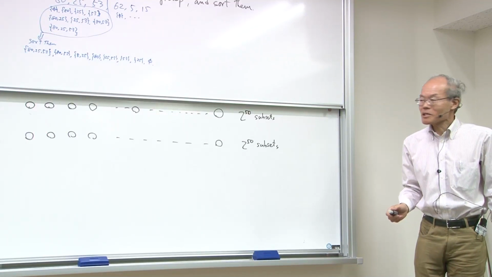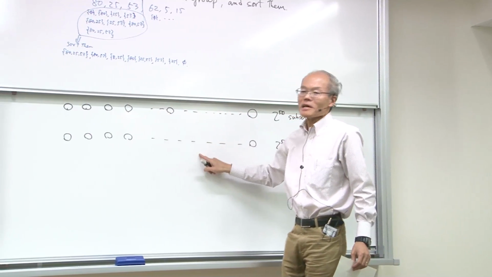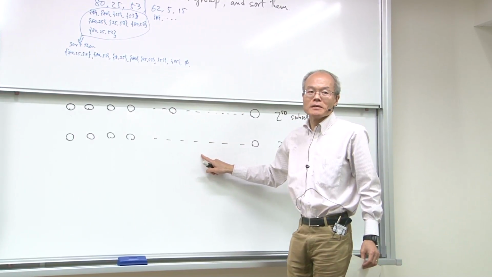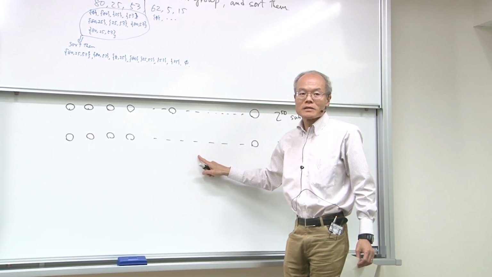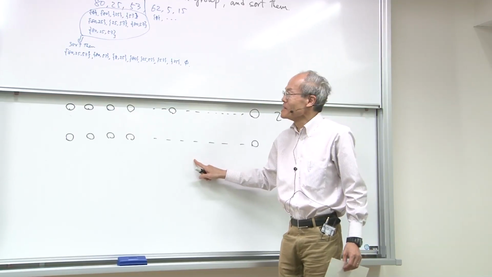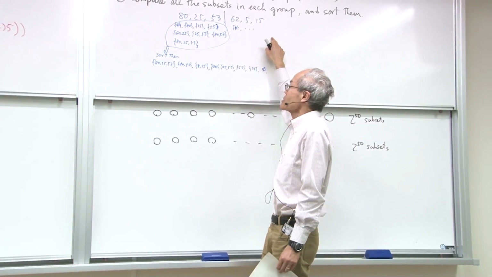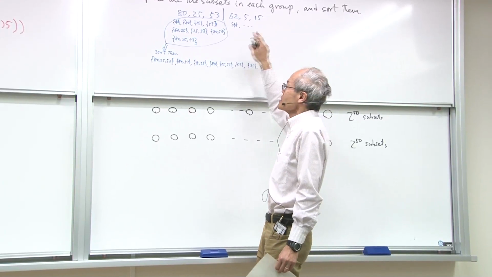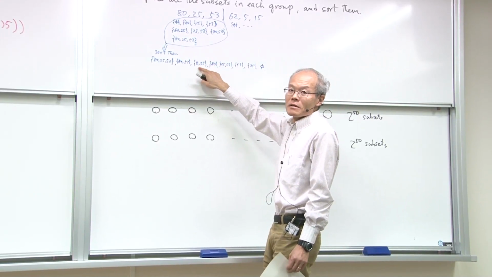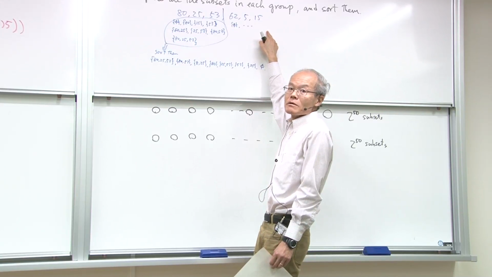Your task is to find some pair such that the sum is n over 2. Right? So in this case, we do the same thing here. Then you try to find some pair, this one and that one, whose sum is n over 2.